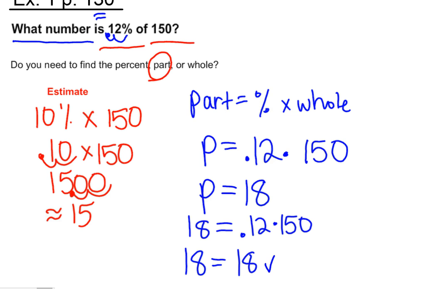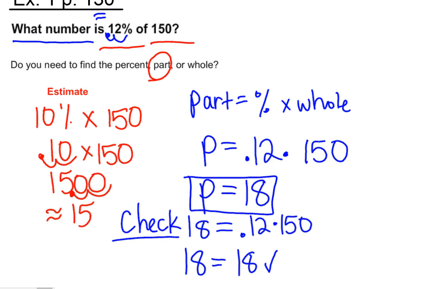Since 18 equals 18, we can check our work, and yes, we are correct. Okay, so you just substitute the answer, P equals 18, back into the original equation. So what I want you to do is try A through D on page 130, and go ahead and write your answers in the book through the work zone area.